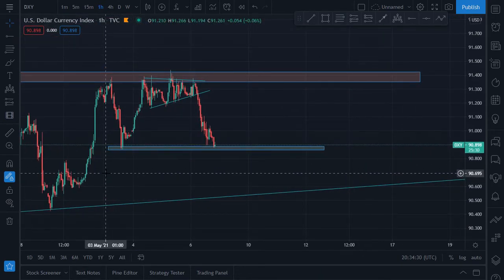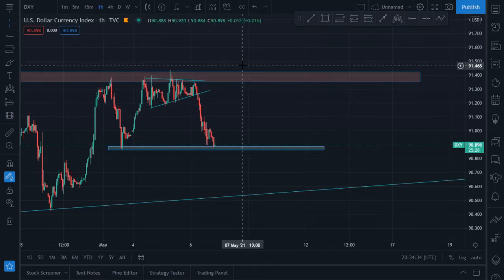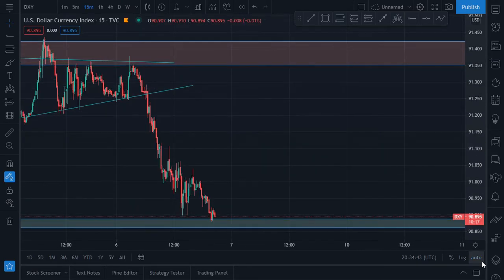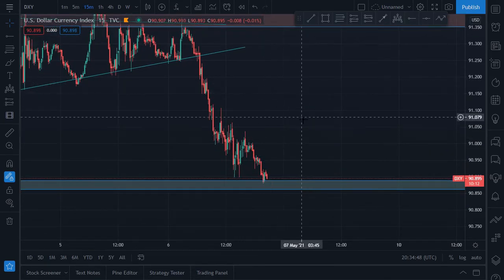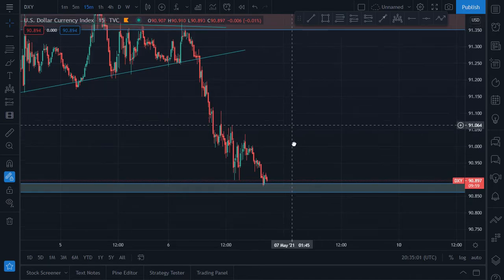So the overall direction for the NFP, based on what I see on the dollar index, is to the upside, is a buy. Okay. So the 15-minute time frame is gonna be where you enter. This is gonna show you your entry points, but then we can't enter now because NFP is not now. NFP is at 8:30 a.m. Eastern time, which in South Africa is 2:30 in the afternoon.